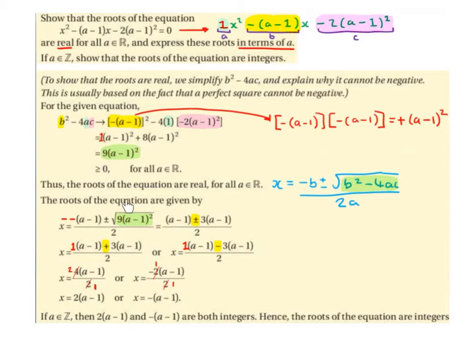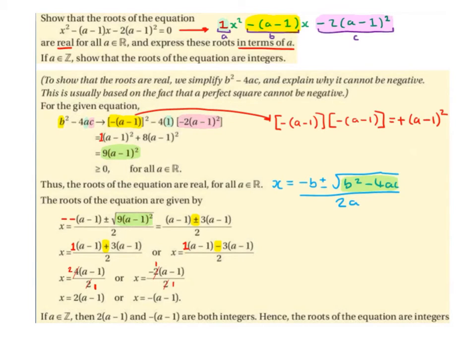So the roots of the equation are given by x is equal to, using the quadratic formula, minus b, which is minus (minus (a minus 1)). Remember, b is equal to minus (a minus 1), so since we've got minus b, it's minus minus.